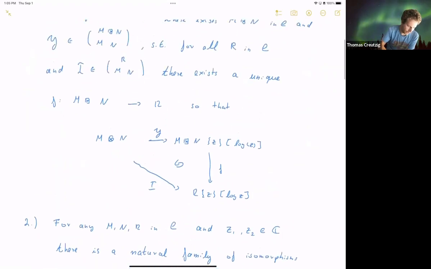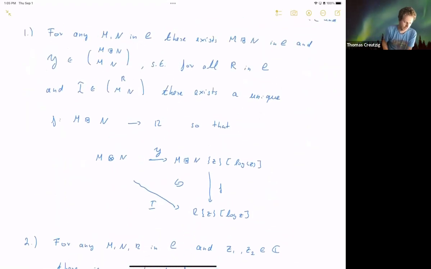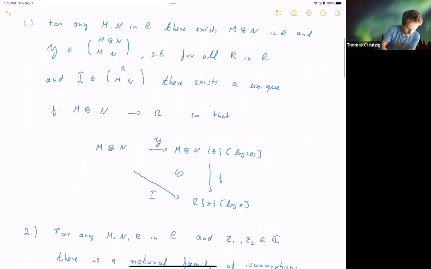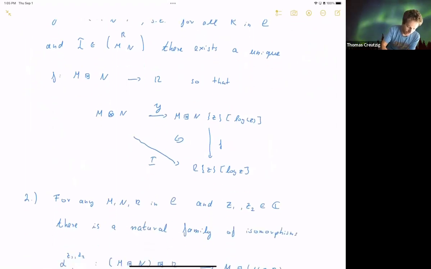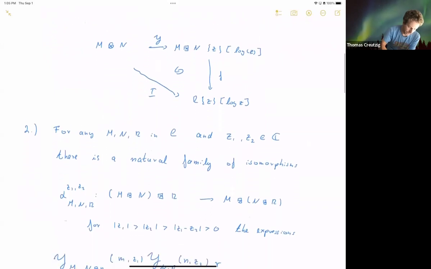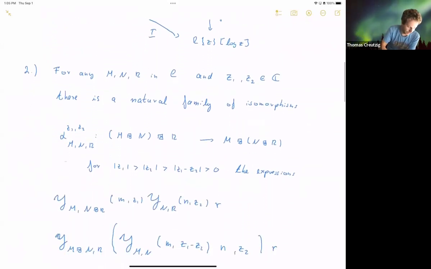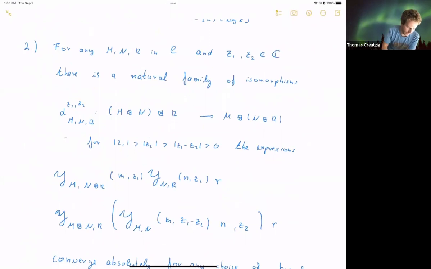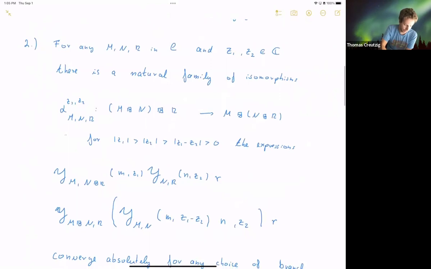So the first condition you should read as: the category needs to be closed under a tensor product, and the tensor product satisfies a universal property as usual, right? That's how you usually define a tensor product. And the second property is that you have associativity isomorphisms, and they formulated that not in the way that you have a single associativity isomorphism, but that you have a family of such associativity isomorphisms labeled by the insertion points.